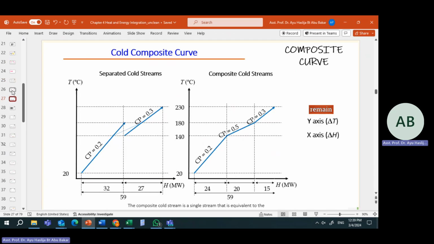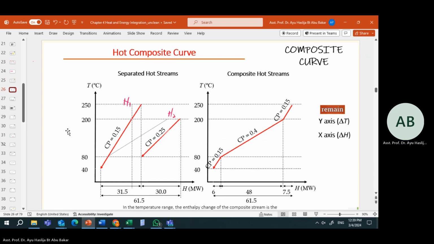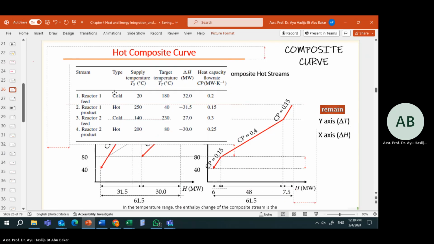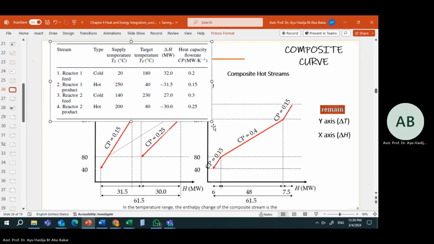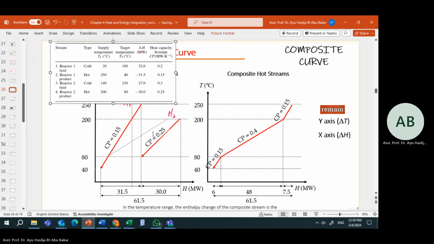I explain first, later we try to do it. After we rearrange, this one is hot 1, and this is hot 2.